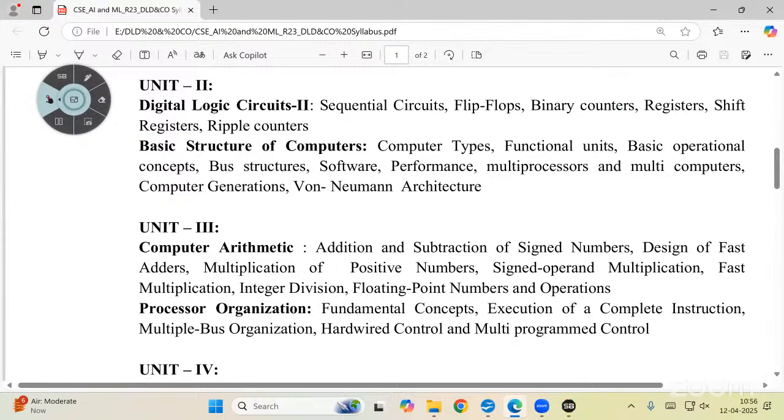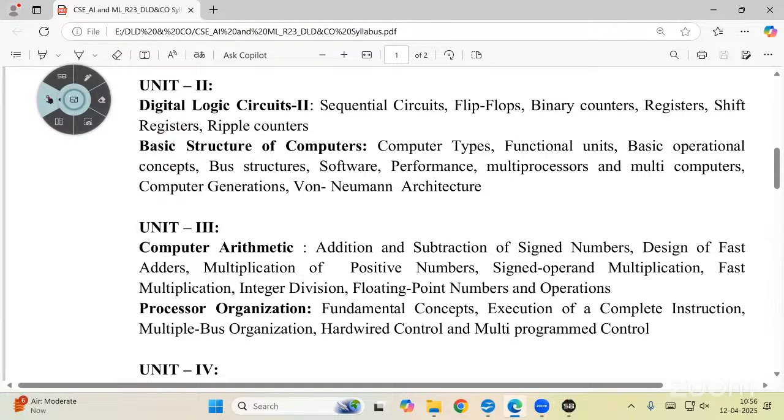Addition, hardware structure and algorithm. The multiplication, hardware structure and algorithm. So you already studied this in computer arithmetic. Then after designing these computer arithmetic algorithms, how are we executing? What execution steps are present, we'll come to know later.